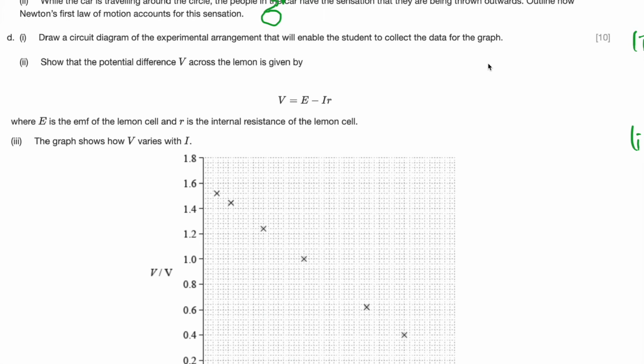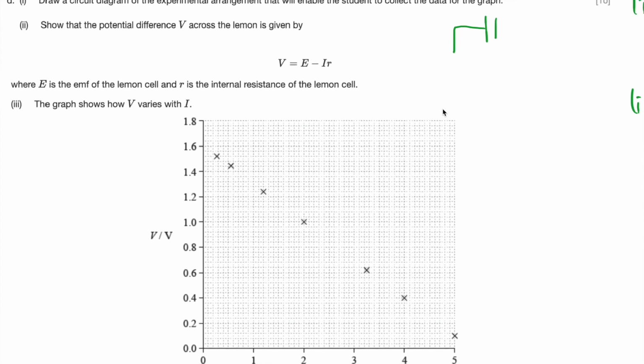So you gotta have a cell, and because you are measuring current, you gotta have an ammeter, and then you have a variable resistor, and you need to measure V, which is the electromotive force minus IR.